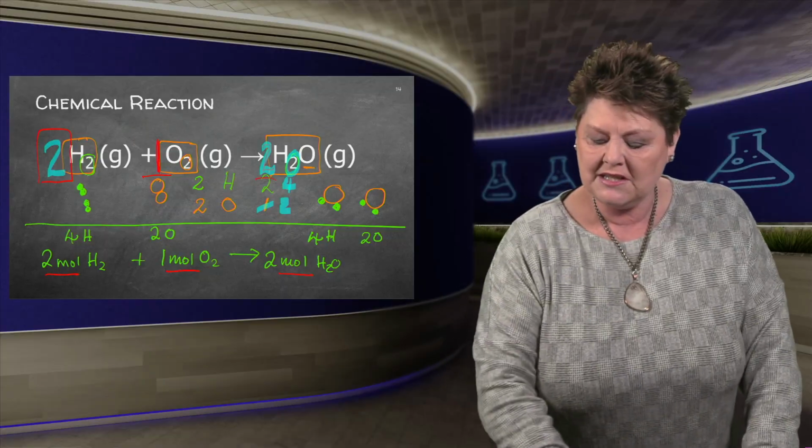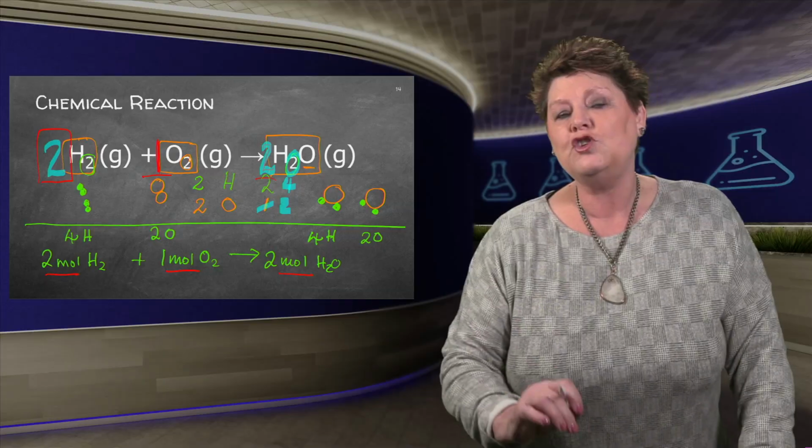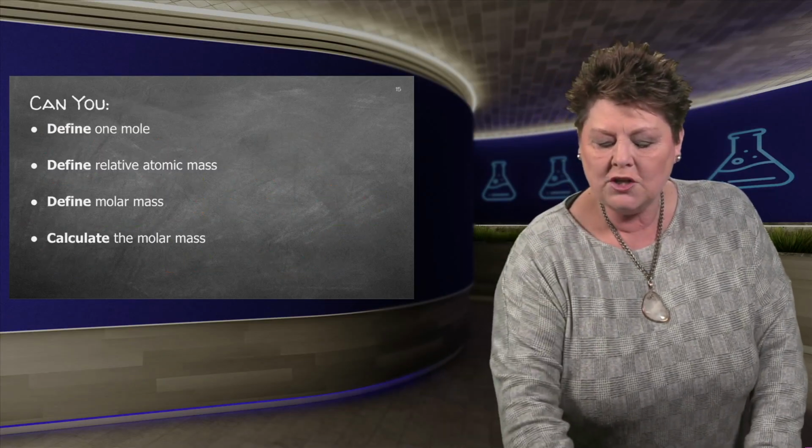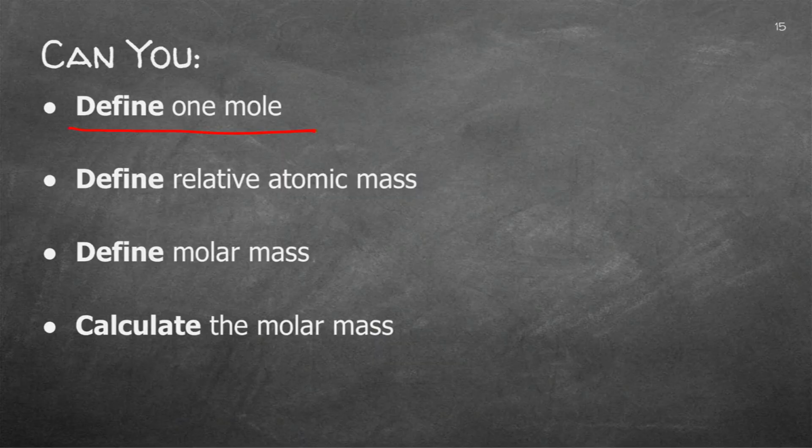So this was just a final slide to show you where we're going to use the mole. Let's see. Can you define 1 mole? Do you know what 1 mole is? Remember, it's related to 12 grams of carbon and it's the number of atoms. If I asked you to define 1 dozen, you would say 12 eggs, 12 cups, 12 cold drinks will be 1 dozen.